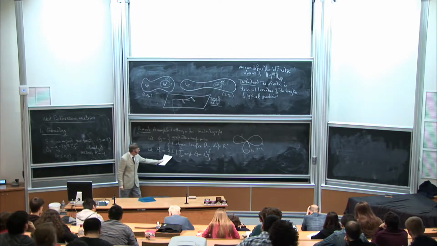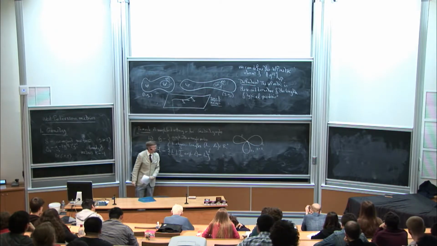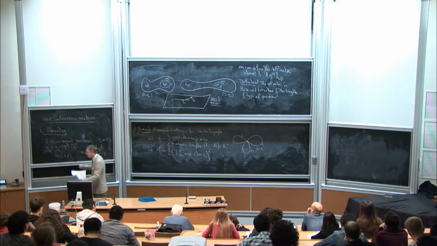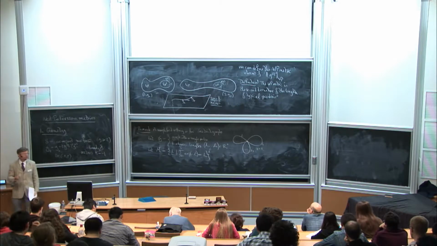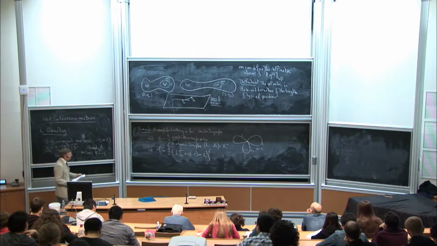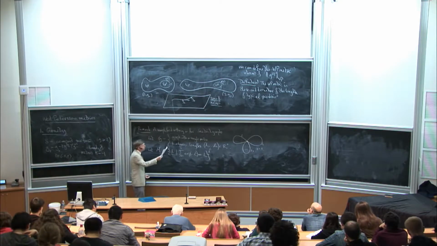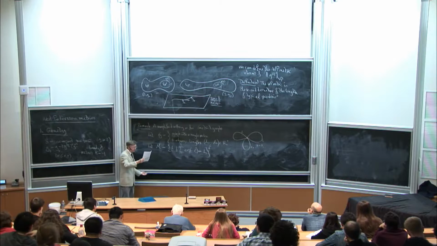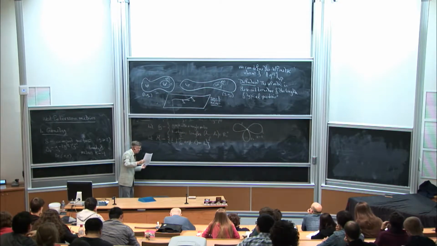So I don't ask that the sum of the lengths should be equal to 1, but I ask that the sum of the exponential of minus the length should be equal to 1. Why? Because it's related to some dynamical version of a definition of the Weil-Petersson metric up there.